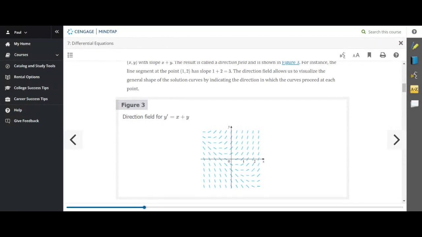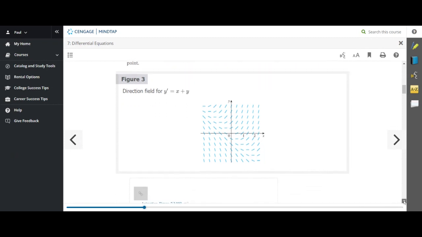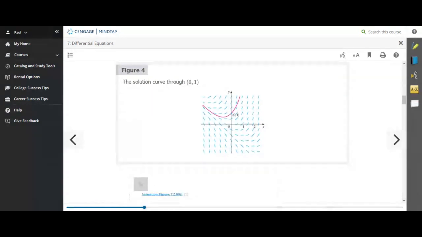You see there we have a direction field for the differential equation y prime equals x plus y. This is figure 3, section 7.2. They computed the values of the derivatives at a bunch of points, and the tangent lines obey those slope values.